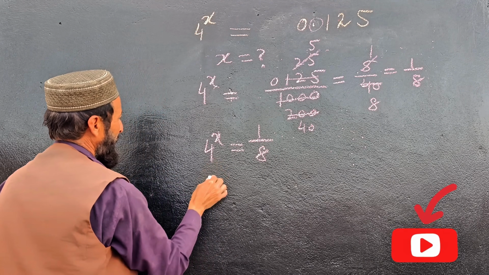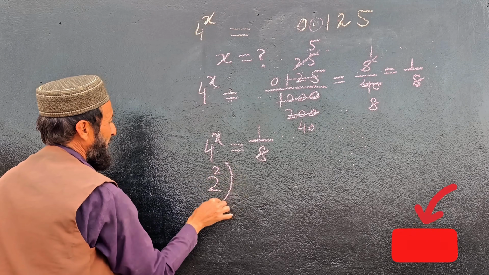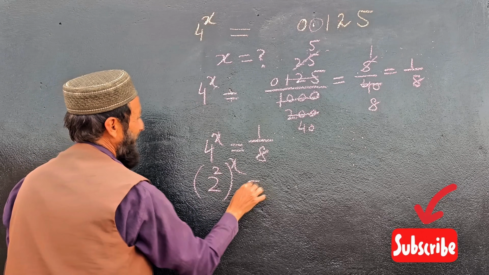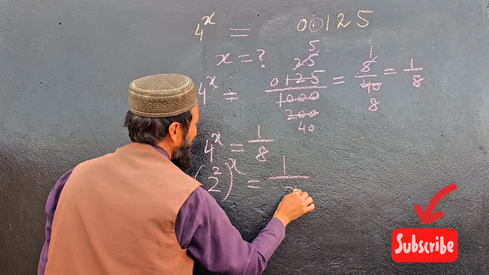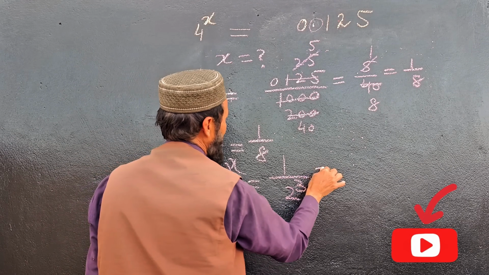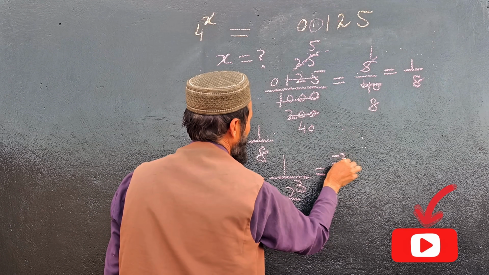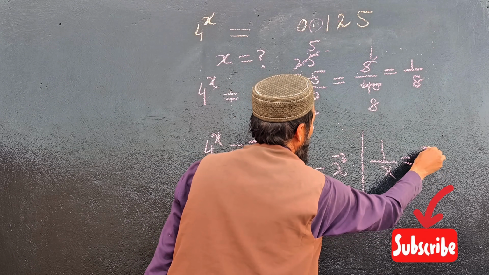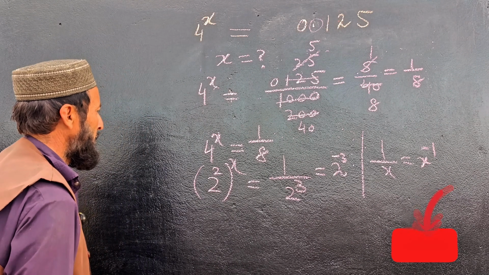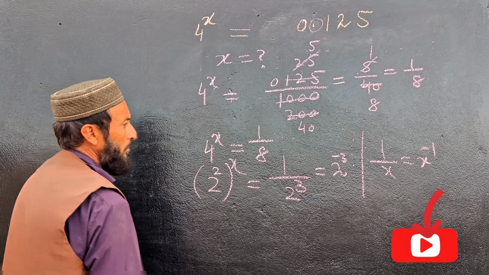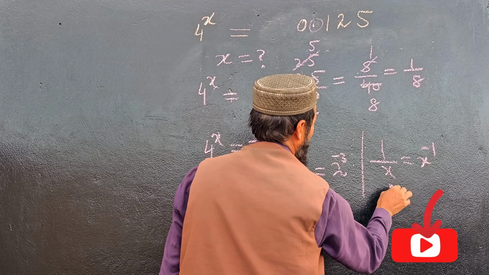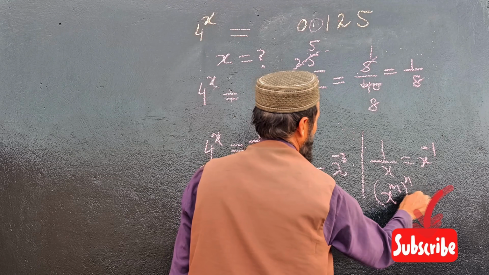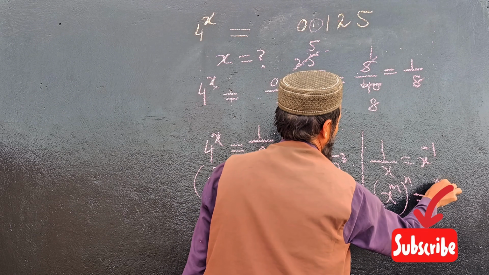Now further we can write 2 exponent of 2 whole exponent of x, and similarly here 2 exponent of 3. Now this we change according to the rules. According to this rule, 1 by x, we can write x power minus 1. Now according to the double exponent rule, x exponent of m whole exponent of n is equal to x exponent of mn.